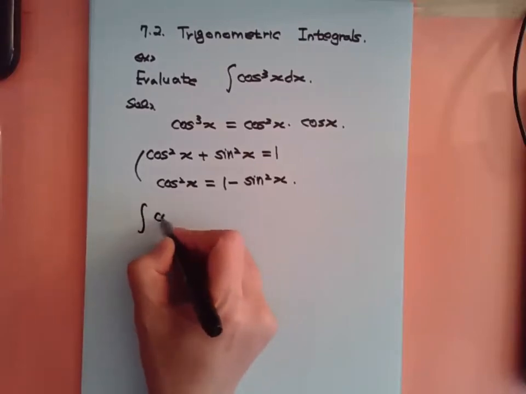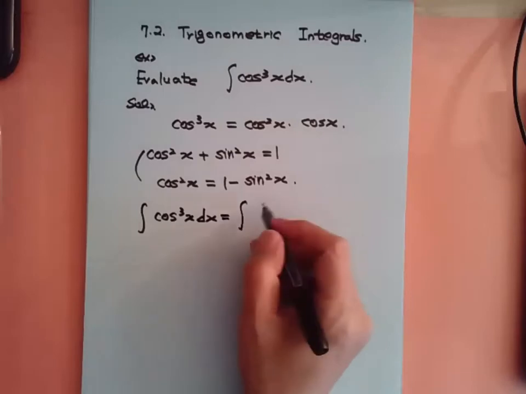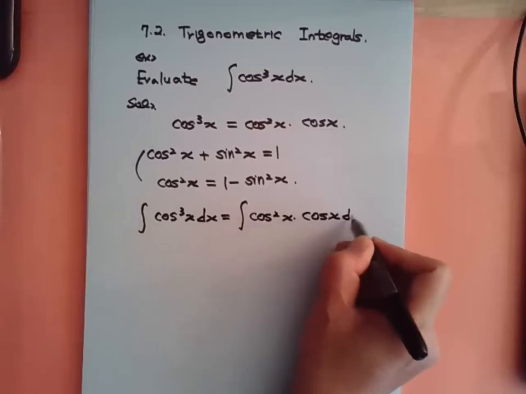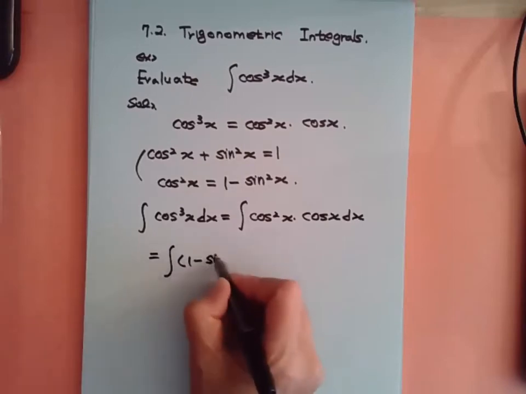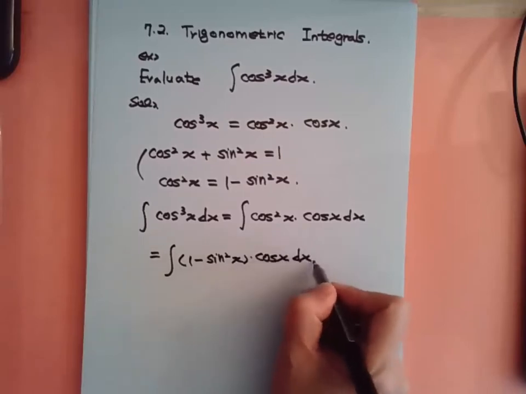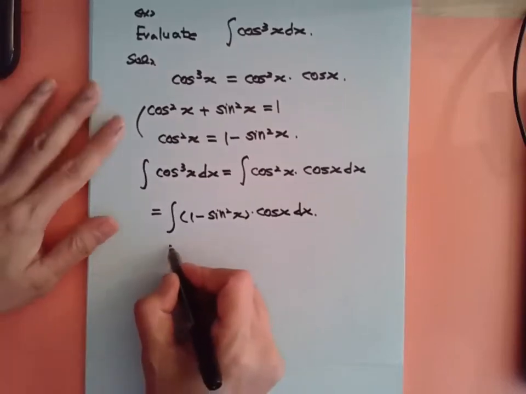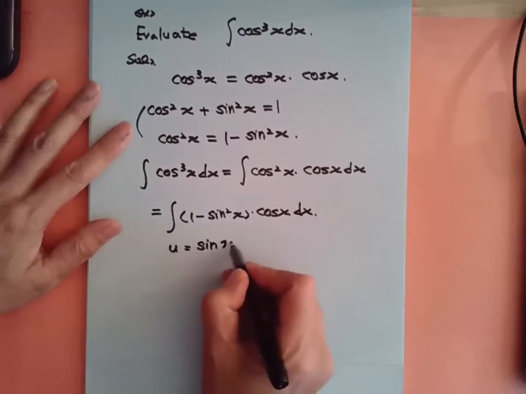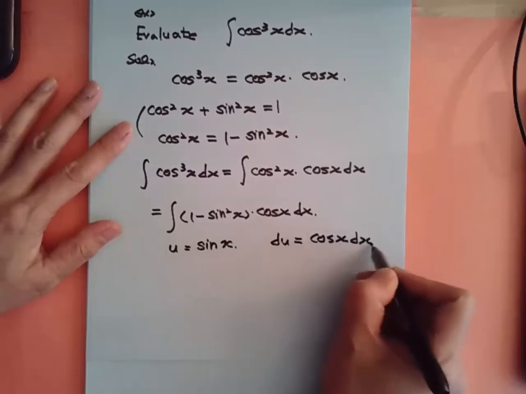Let's go back to the problem. Cosine cubed of x dx can be written as the integration of cosine squared of x times cosine of x dx. So cosine squared of x is 1 minus sine squared of x, times cosine of x dx. Let's use the substitution method by putting u equals sine of x, then du equals cosine of x dx, right?